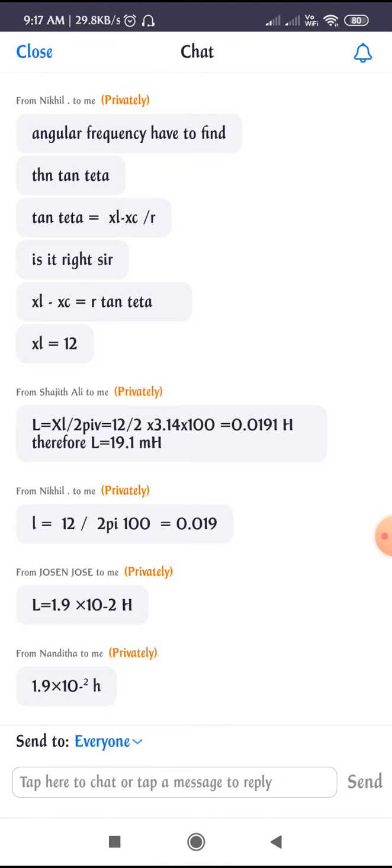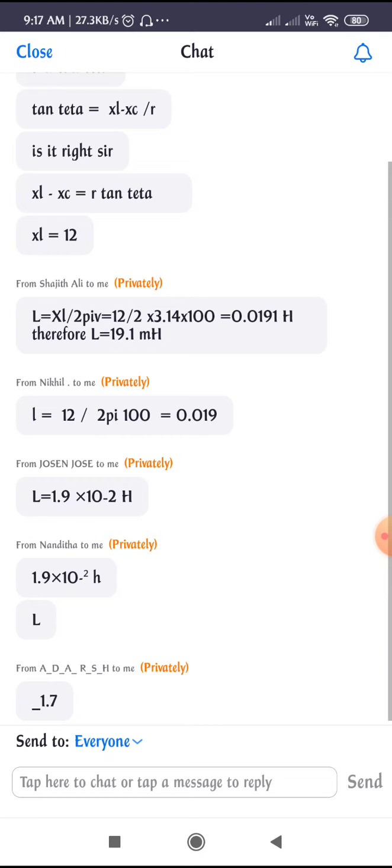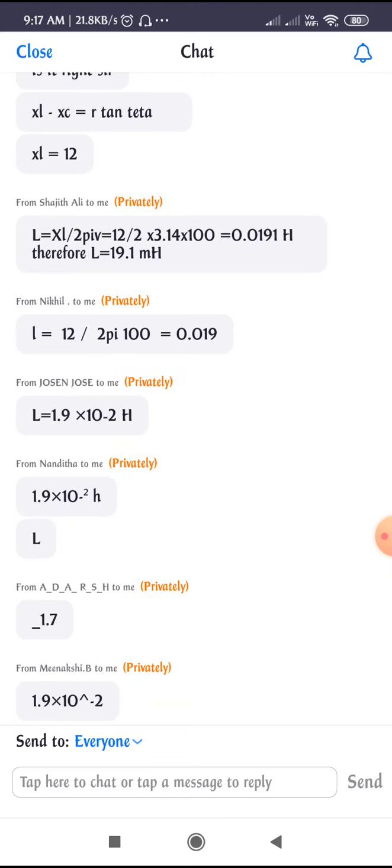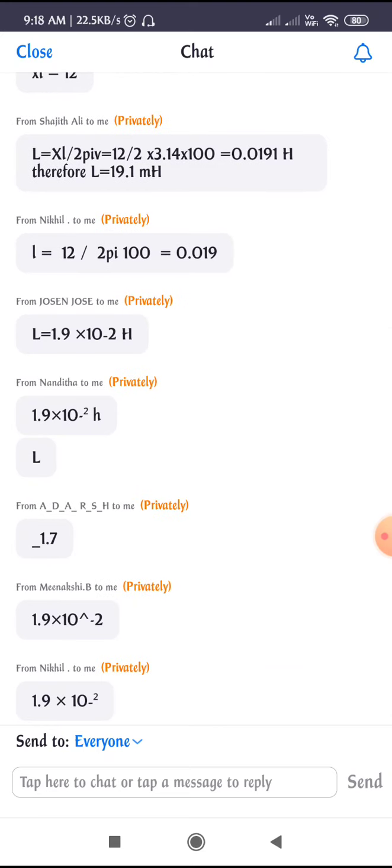Nandita, check out the power. Power is wrong. Others, wrong answer. Meenakshi, power is wrong. Nikhil, again the power is wrong. Check out.